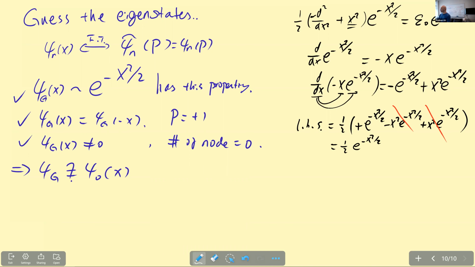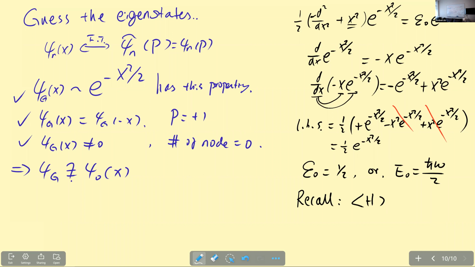That's beautiful, because the eigenvalue just equals 1/2. The ground state energy is just h bar omega over 2. Remember, the expectation value of this energy must always be greater than or equal to this one. So this must be the quantum ground state.